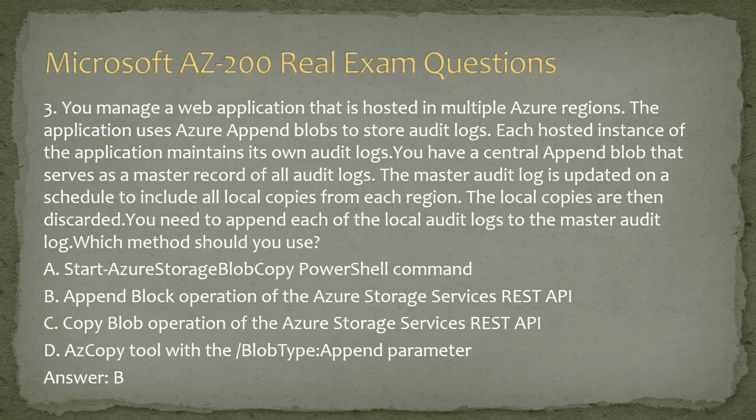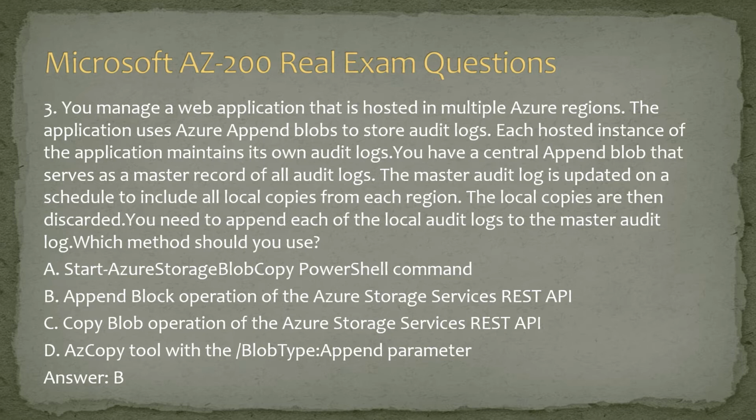3. You manage a web application that is hosted in multiple Azure regions. The application uses Azure append blobs to store audit logs. Each hosted instance of the application maintains its own audit logs. You have a central append blob that serves as a master record of all audit logs. The master audit log is updated on a schedule to include all local copies from each region. The local copies are then discarded. You need to append each of the local audit logs to the master audit log. Which method should you use?